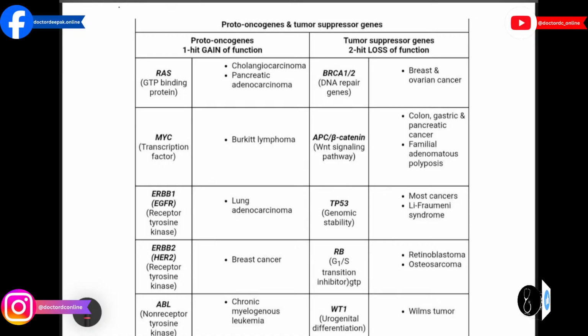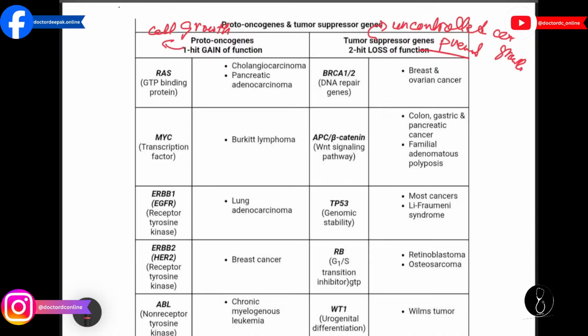The proto-oncogenes are normal genes that promote cell growth and division, while tumor suppressor genes are normal genes that prevent uncontrolled cell growth. Okay? Tumor suppressor genes prevent uncontrolled cell growth, and proto-oncogenes promote cell growth and division.